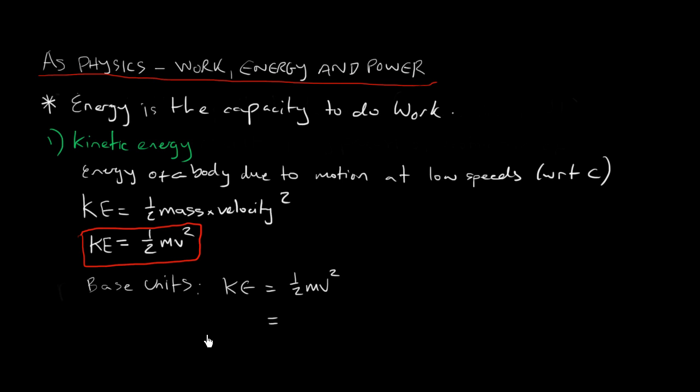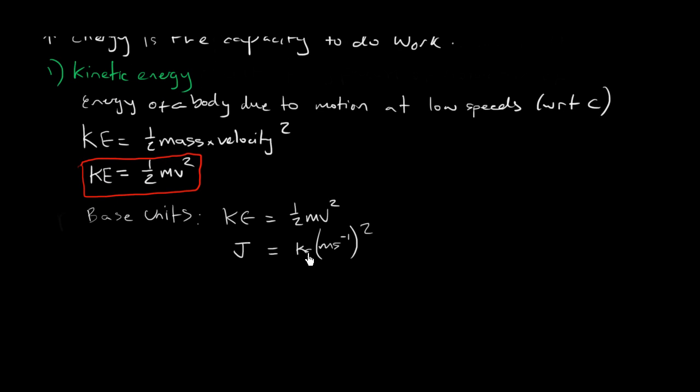In terms of units, kinetic energy is expressed in joules, and on the right hand side we have kilograms. The half doesn't have a unit, it's just a number. We have kilograms for mass, then meters per second, which is the velocity, and that is squared.